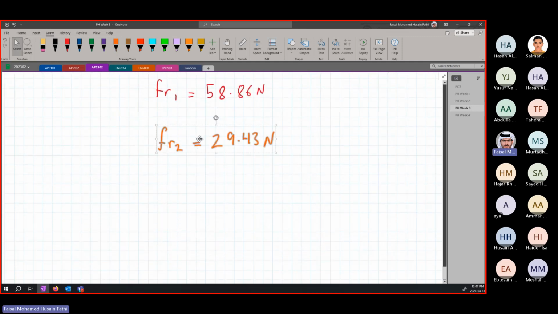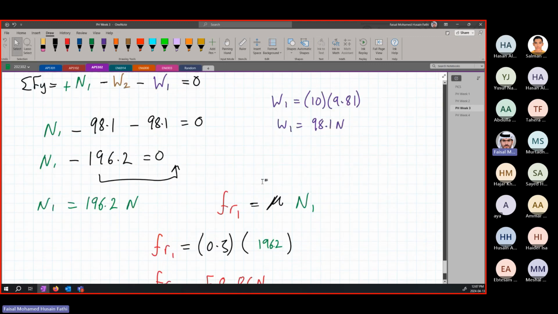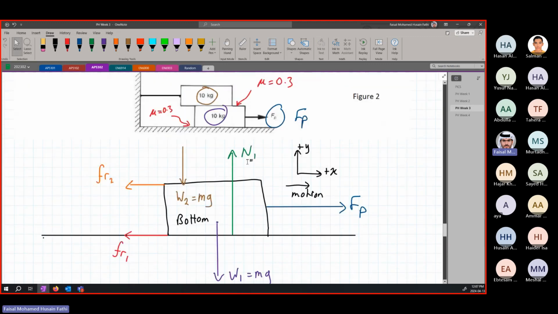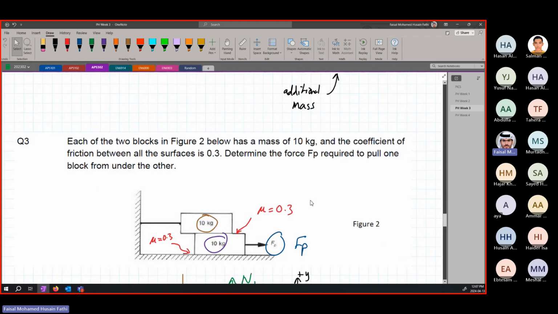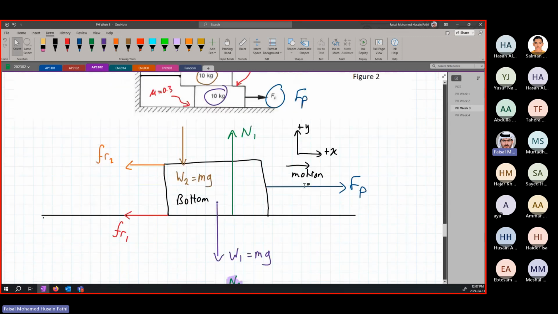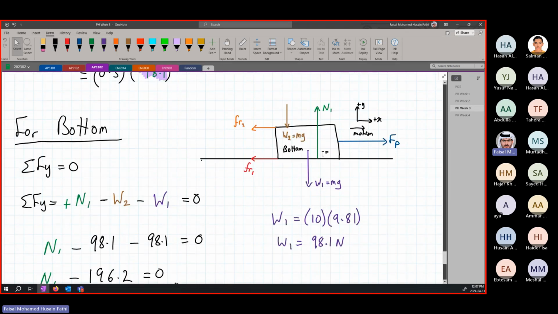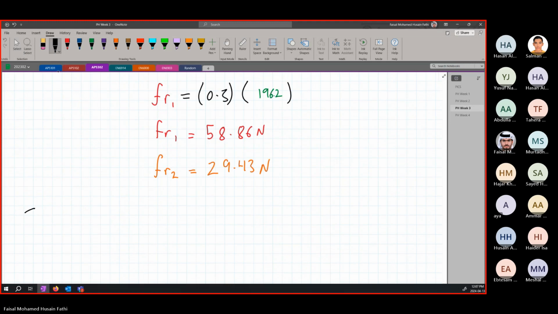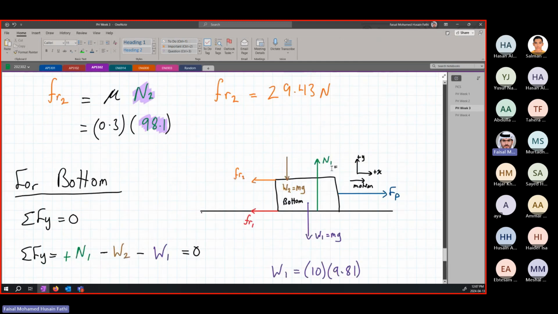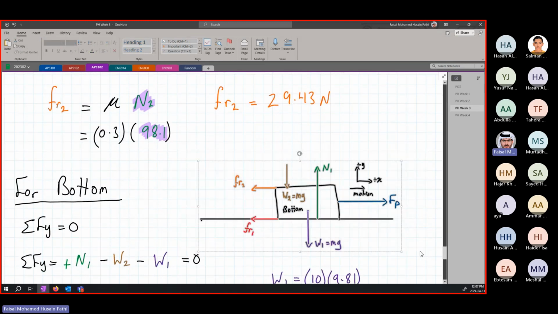We can determine our force FP, the force FP required to pull one block from the other. So basically we require the minimum FP force, all right? How can we find the FP force? Again, sigma Fx equals 0. Let me copy paste this down so you can see what I'm doing.